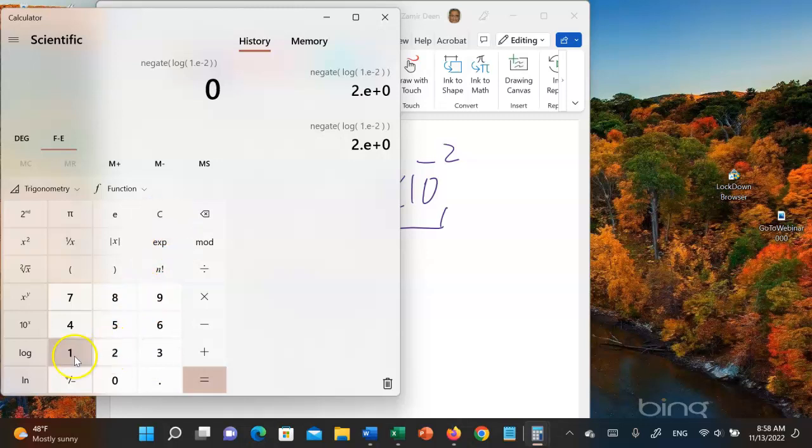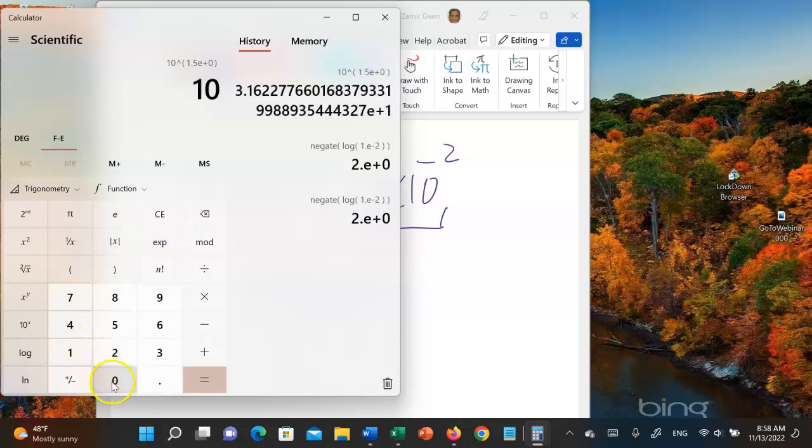So let's say the number is 1.5 times 10 to minus 9. Okay. Now do the log and then change the sign. That's your pH value, 8.8.